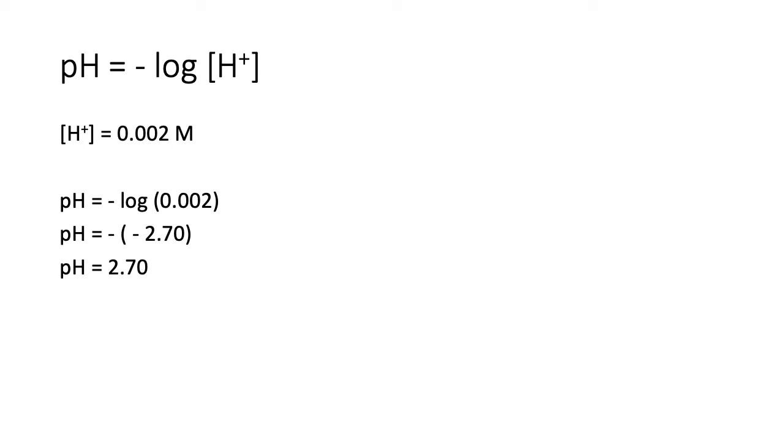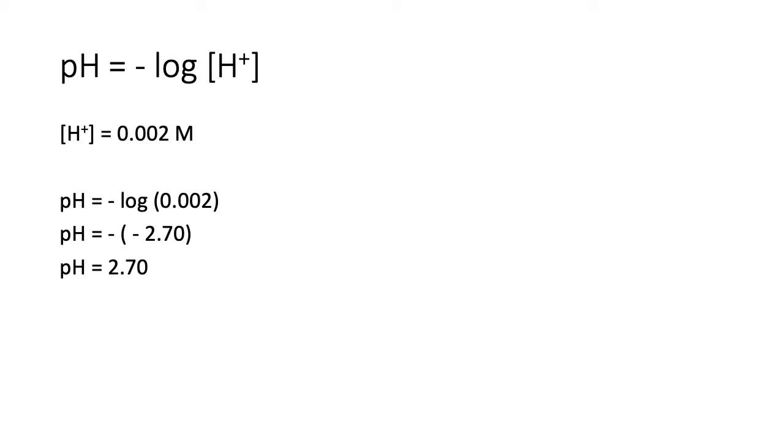If you put log of 0.002 in your calculator, you will get negative 2.70. And so pH is equal to negative negative 2.70, which is equal to positive 2.70. So even though that seems like a small concentration of hydrogen, it's actually a pretty acidic substance.